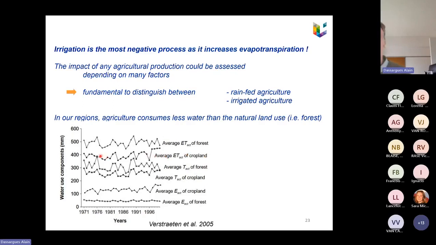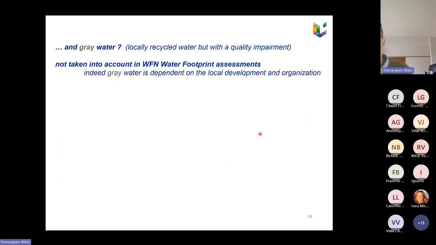So it means that, and they have made the study in more detail for different kinds of croplands and so on. So that's showing that, in fact, sometimes croplands for the water balance could be better than forest. Of course, forest have indeed other advantages in terms of environment globally.